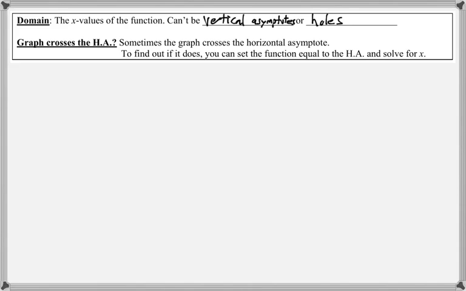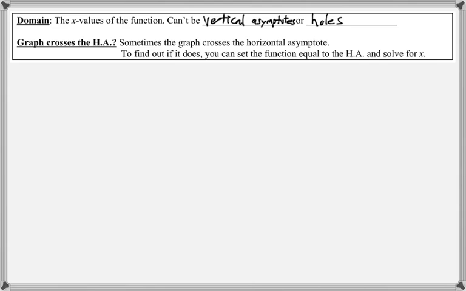As well as, sometimes our graph can cross the horizontal asymptote. This is kind of interesting because the asymptotes are really boundaries in the function. Vertical asymptotes will never be crossed, but sometimes horizontal asymptotes can be. It's always in the short term, meaning as you go out to infinity and as you go out to negative infinity, they won't be crossed.